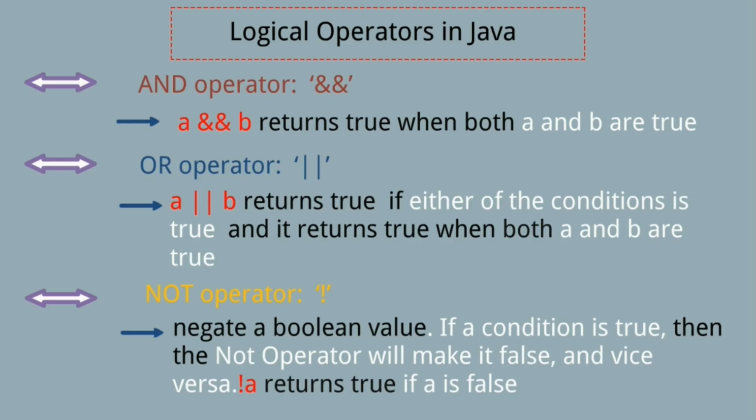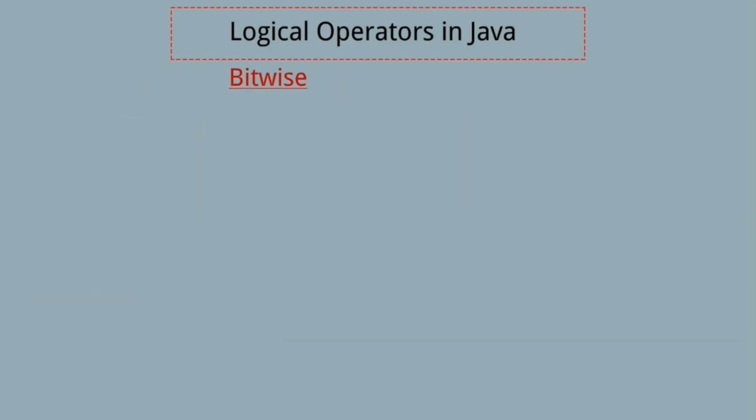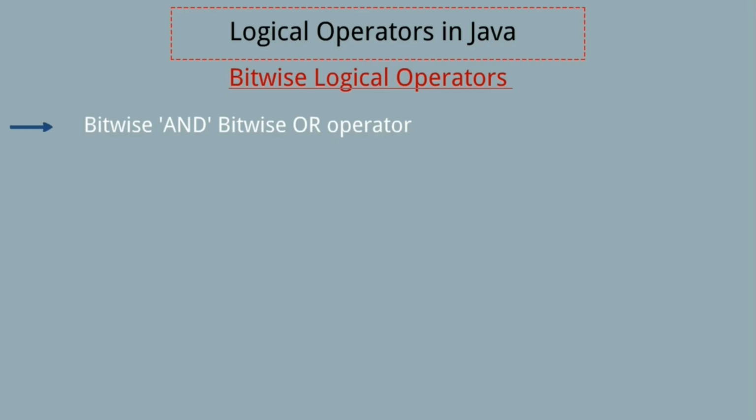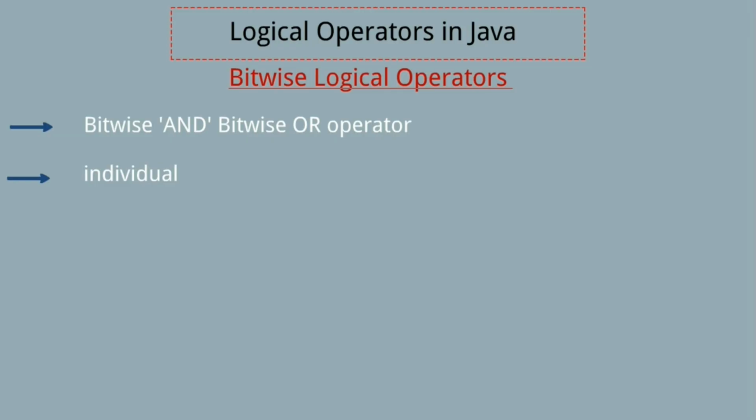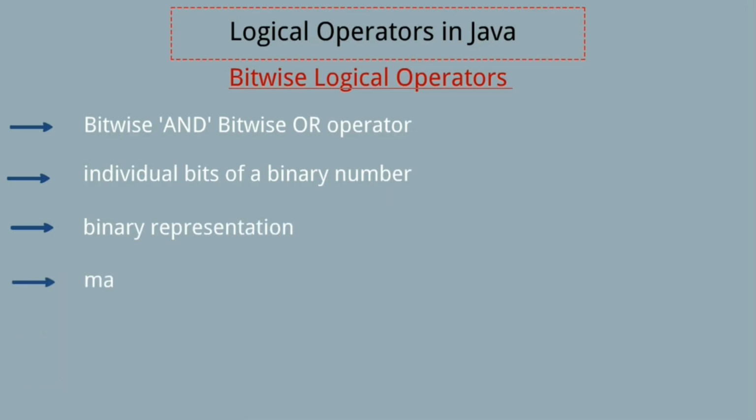Some others include working with bitwise logical operators such as bitwise AND and bitwise OR operators. In Java, bitwise logical operators are used to perform operations on individual bits of a binary number. These operators work on a binary representation of the numbers and allow you to manipulate the bits directly.